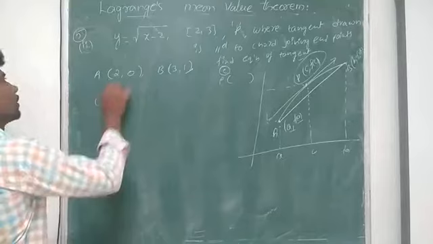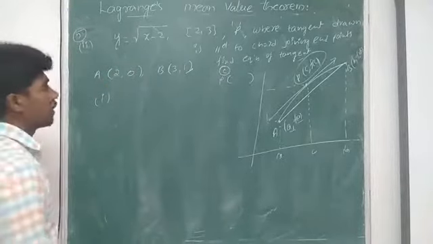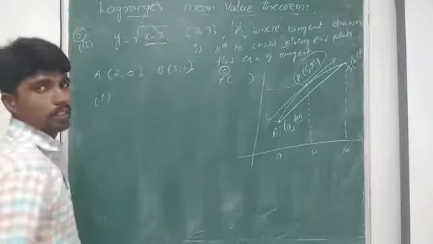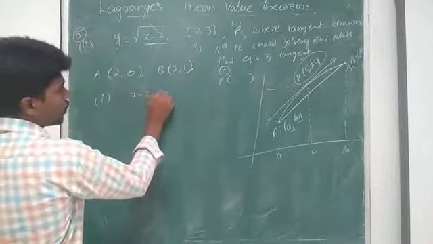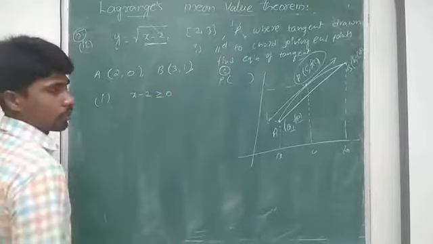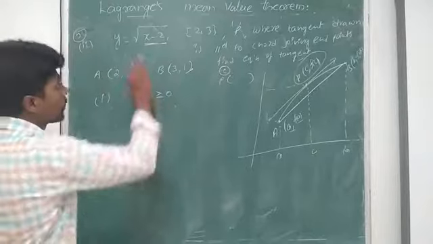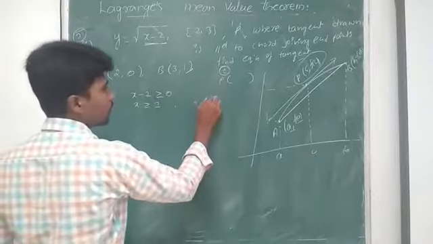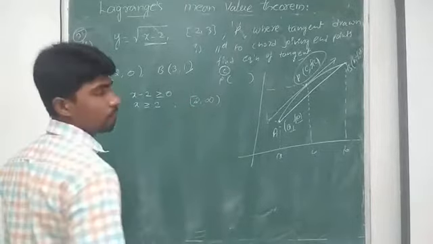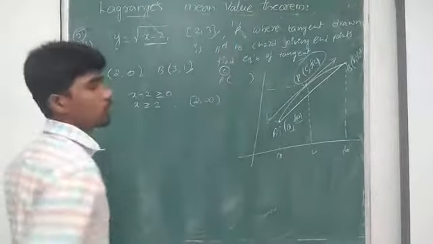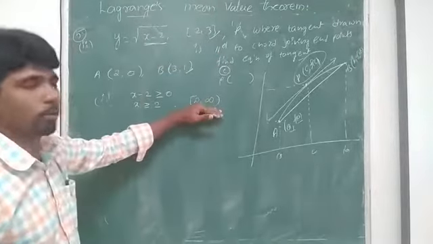First point, square root function. Square root function is defined for root of something greater than 0. So it is defined for x minus 2 greater than or equal to 0. So x is greater than or equal to 2. So it is defined for all numbers which are more than or equal to 2, and the given interval is 2 comma 3. 2 comma 3 lies in its domain.